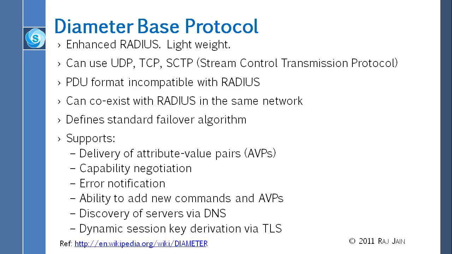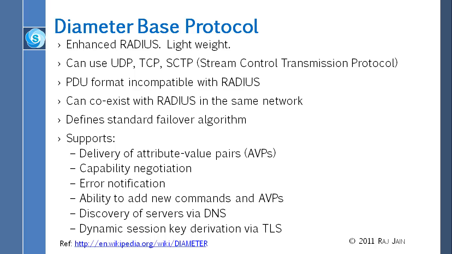So basically, many of the messages have been made programmable or extendable, and whenever you want to make something extendable, you use TLV, type, length, and value, and that is what is also called attribute value pair, AVP. You just code that way, is the type, length, and value.